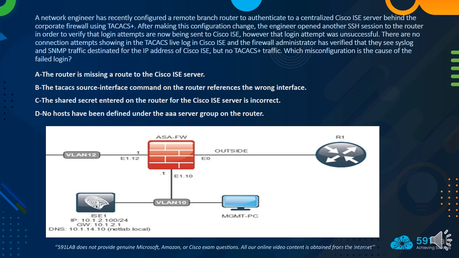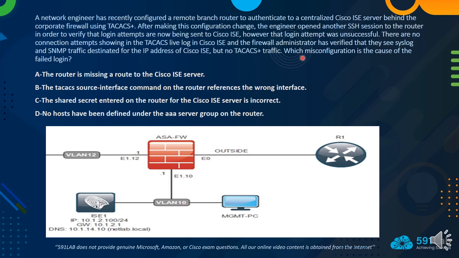After making this configuration change, the engineer tried to open an SSH session from this router to the ISE. When the user tried to verify the connection, the user wrote his username and password on this router. It should cross this firewall to ISE, but it failed.